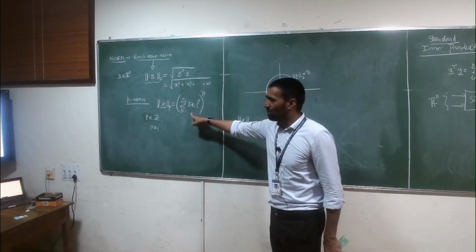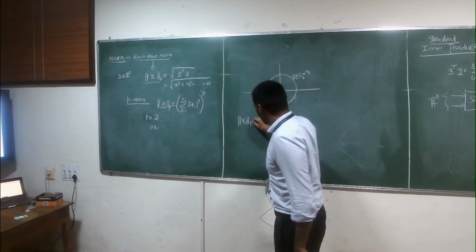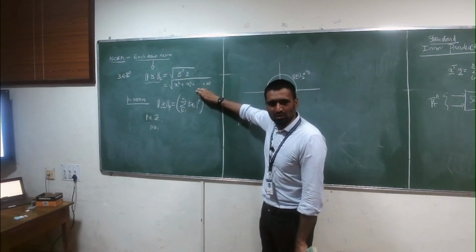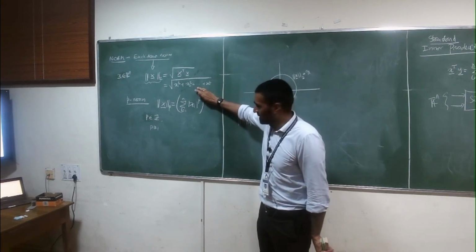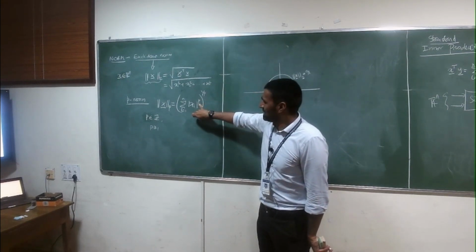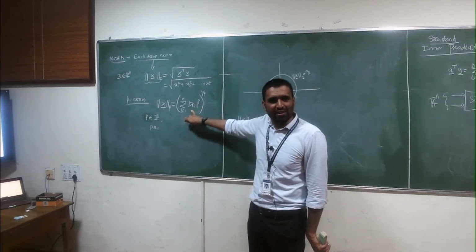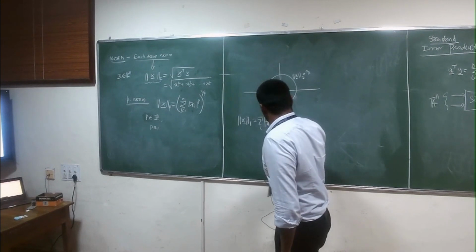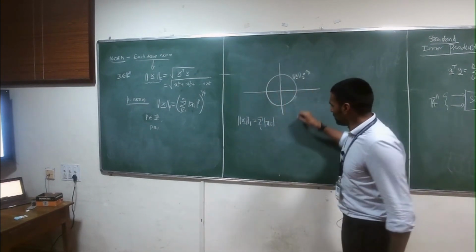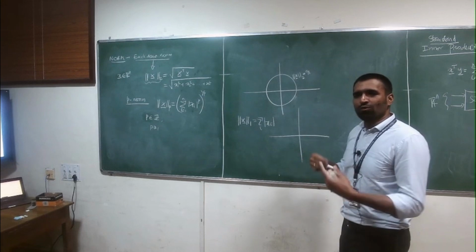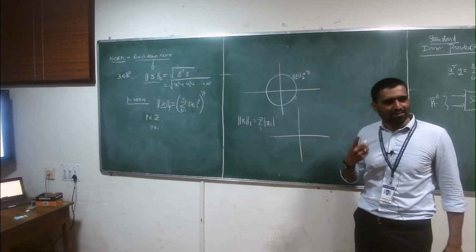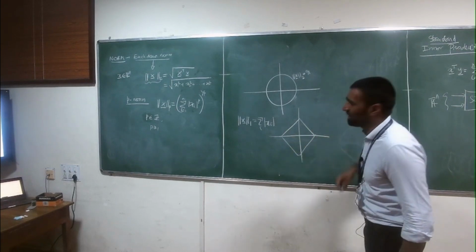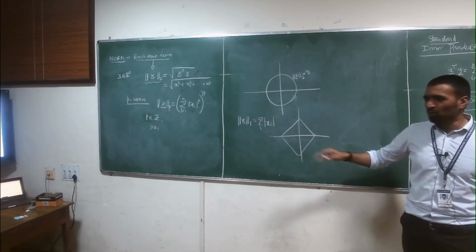According to this definition, what will it be? P is 1, so that means there is no rooting operation. So it's simply the sum of the absolute values of the elements. Now you can ask, what is the set of all points whose first norm is 1? It turns out that will simply be a diamond, a square diamond.